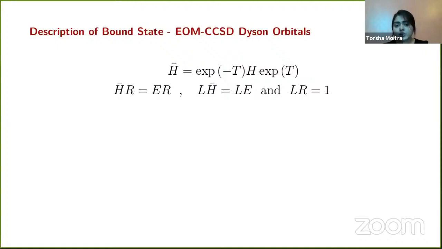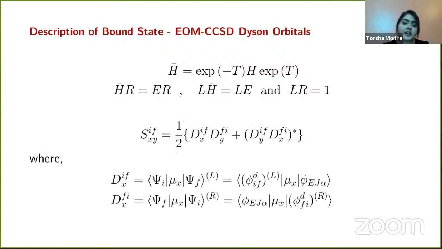And for this situation, the transition strength S_IF is given by this expression. This shows us that D_IF is not equal to the complex conjugate of D_FI. Following that, the left Dyson orbital is not equal to the complex conjugate of the right Dyson orbital.